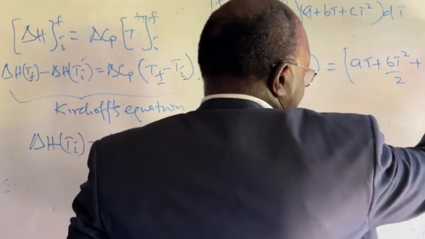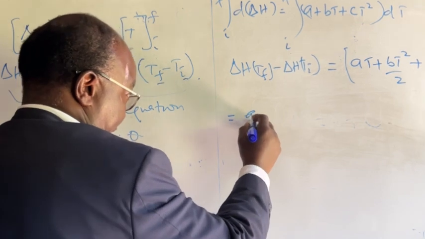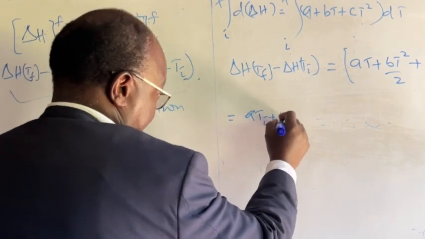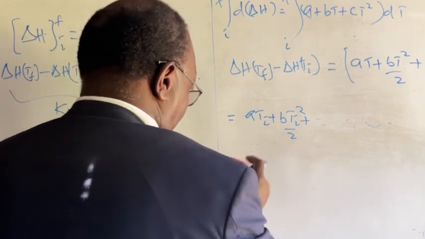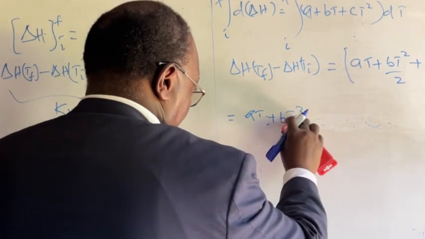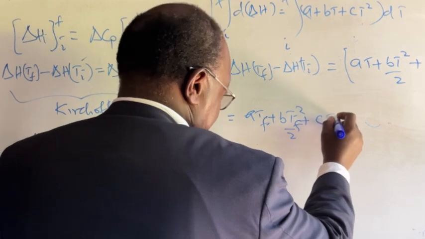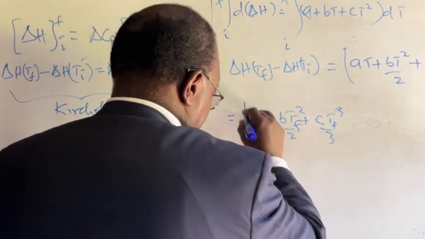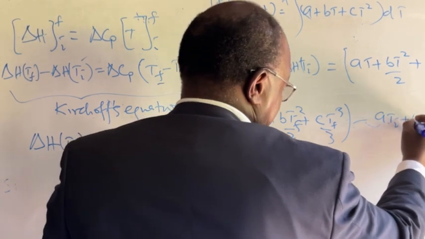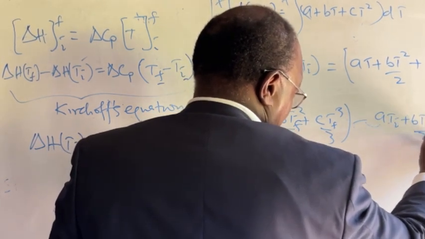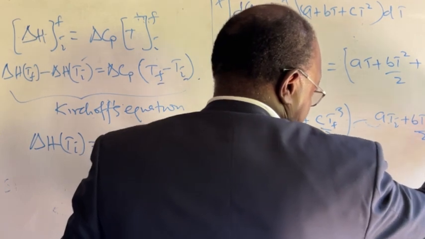Then of course you plug in the values. So you'll have that as A of Tf plus B of Tf squared over 2 plus C of Tf cubed over 3, that's the final quantities, minus A of Ti plus B of Ti squared over 2 plus C of Ti cubed over 3.